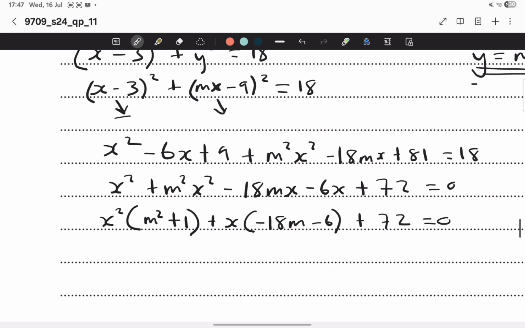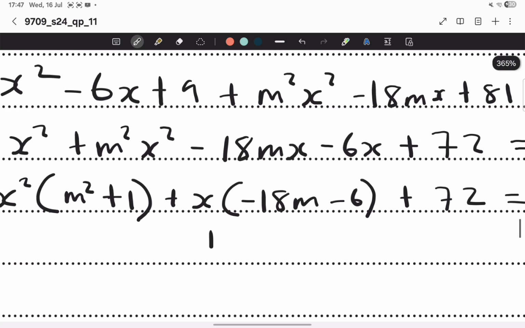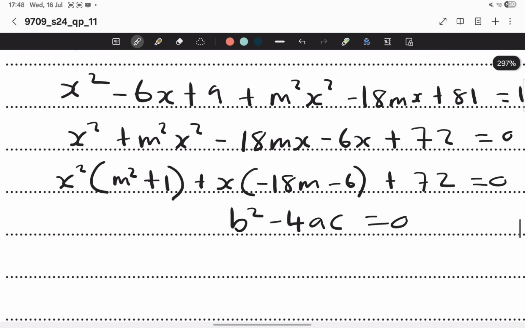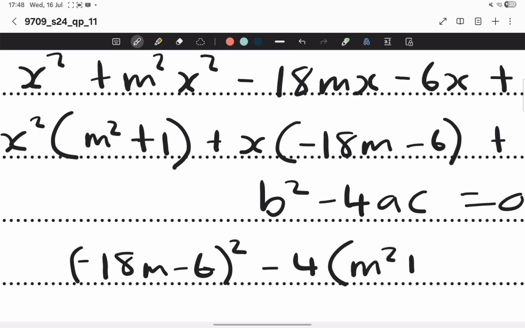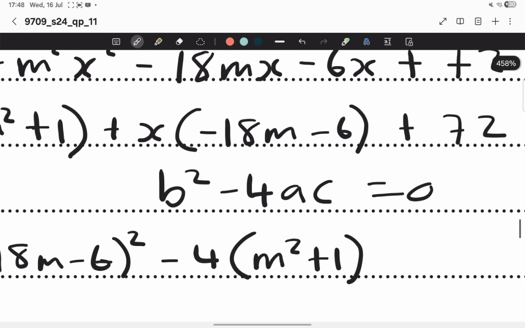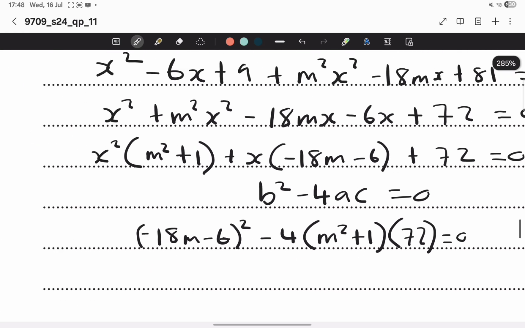Since the question said these lines are tangents, we say b² − 4ac = 0. Our b is −18m − 6, and we square it, minus 4 times our a, (m² + 1), and our c, 72.